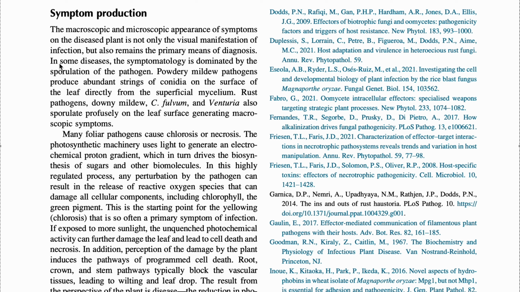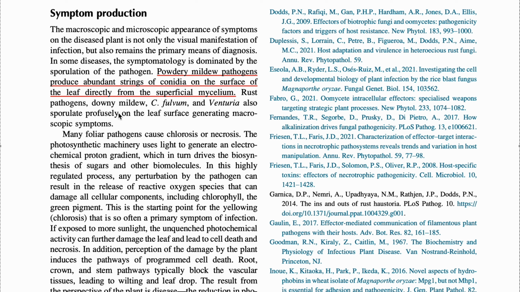Yes, in some diseases, the symptomology is dominated by the sporulation of the pathogen. Powdery mildew pathogens produce abundant strings of conidia on the surface of leaf directly from the superficial mycelium. We get to observe powdery mildew very prominently on top of the leaves. Okay, they have this powdery-like substance.